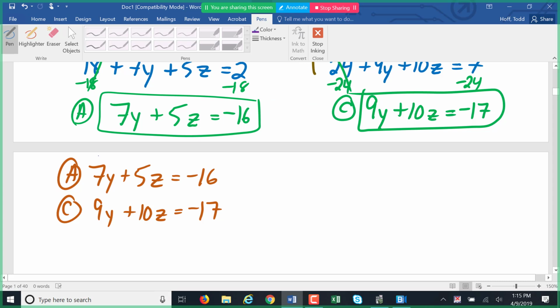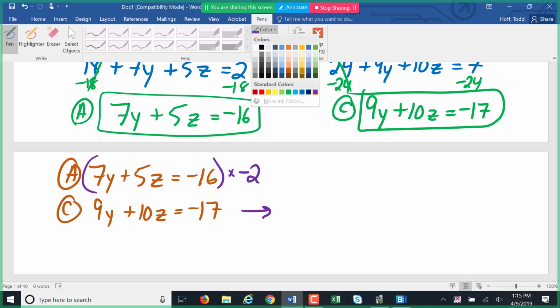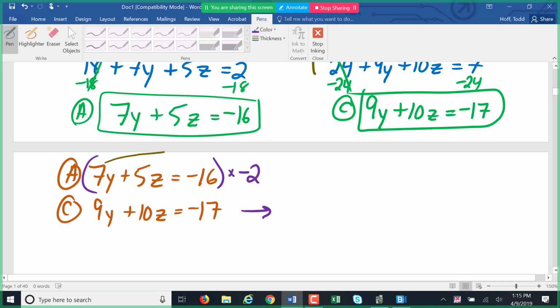But I can use the addition method to make them cancel. I'm going to leave the bottom equation alone. I'm going to leave equation C just as it is. The top equation I'm going to multiply by negative 2. So what's that going to do? 7y times negative 2 is negative 14y. 5z times negative 2 is negative 10z.